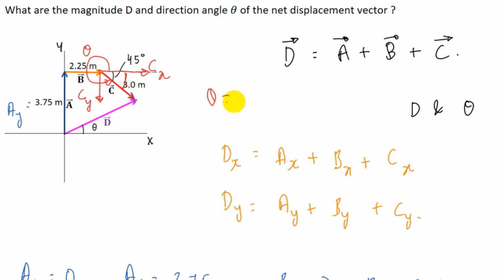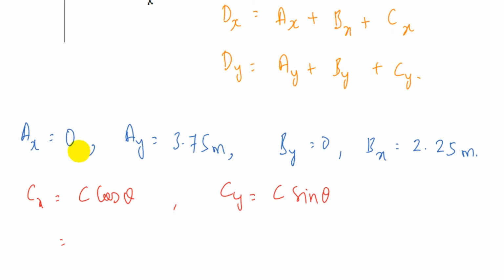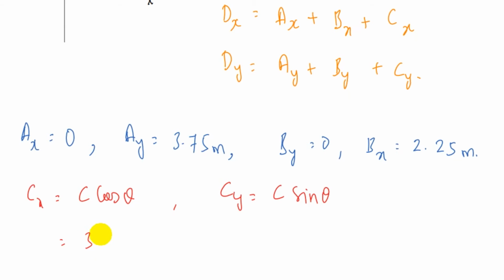So theta would be 360 minus 45 degree, that is 315 degree. So this would be equals to C, we have the magnitude of C vector we have 3 meter. So 3 cosine 315, and this would be cy is equals to 3 sine 315 degree.